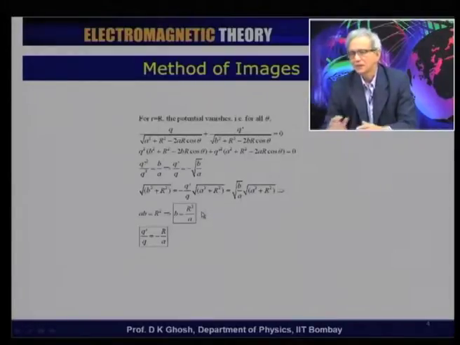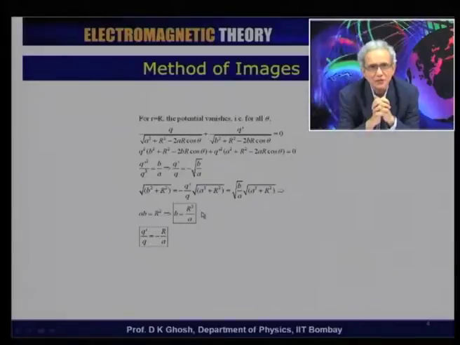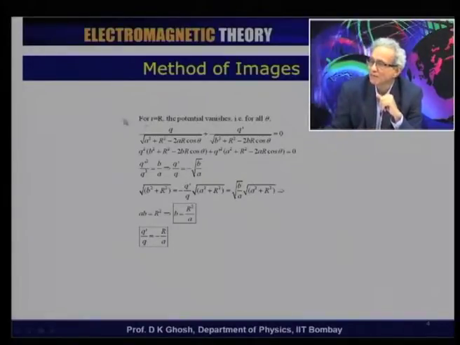Having done that, we said that the potential on the surface of the sphere, that is at small r equal to capital R, must be equal to 0. So the expression for the potential, q by r1 plus q prime by r2, which has been expanded using the triangle law, must be 0.